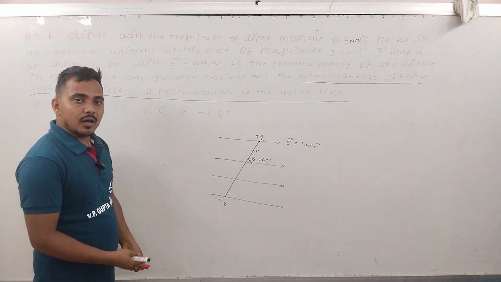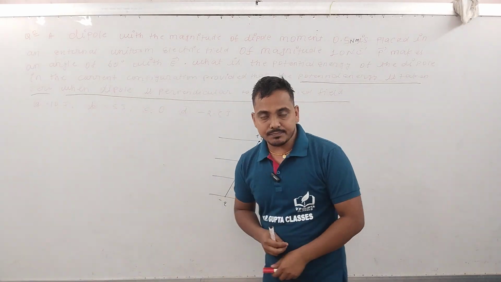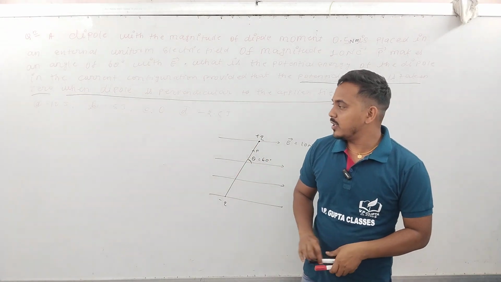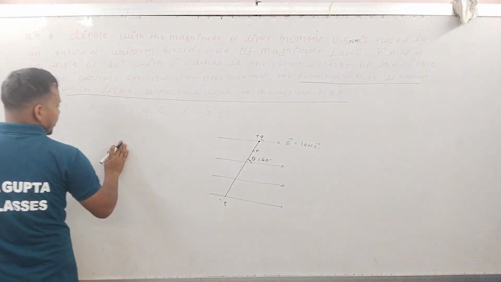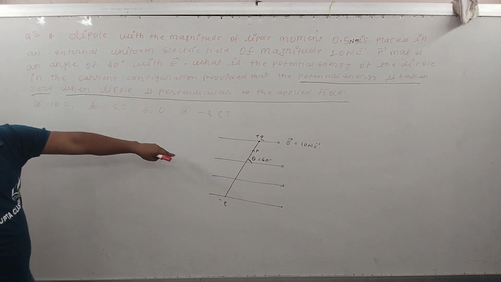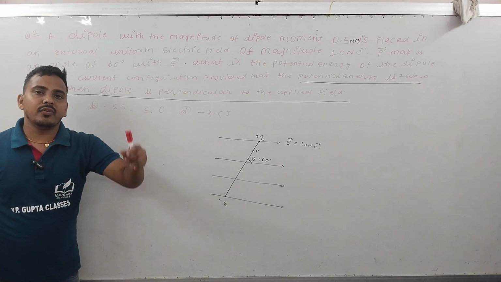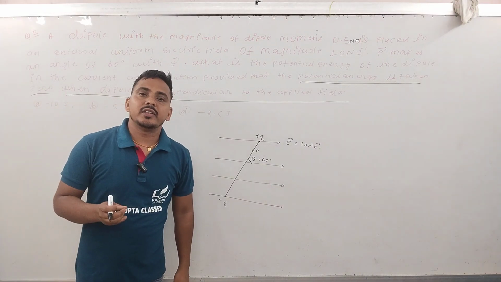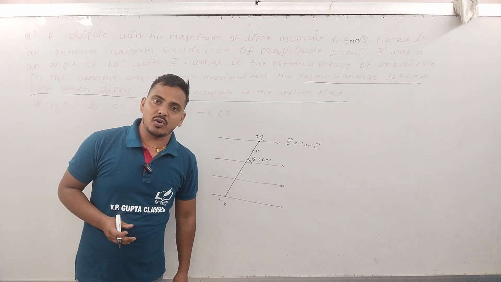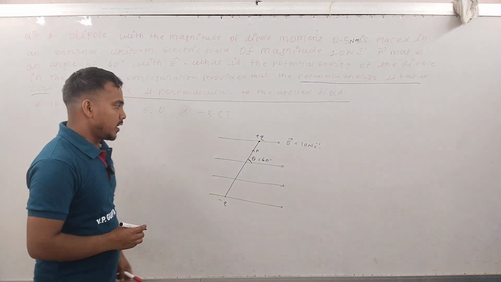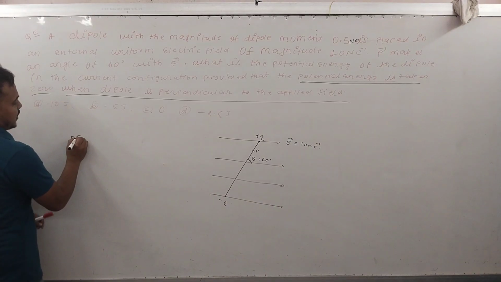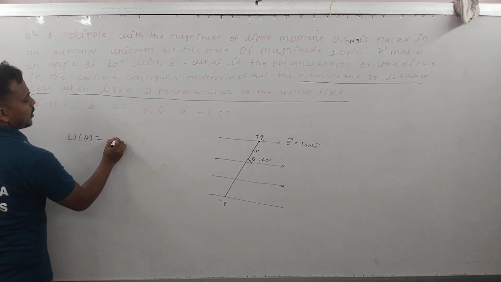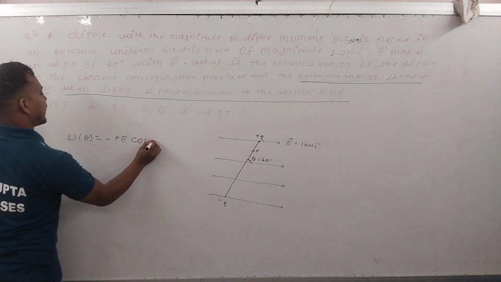I just discussed that for the potential energy of an electric dipole, if we are free to choose pi by 2 as the angle where the potential energy is 0, then the potential energy at angle theta is equal to minus PE cos theta.